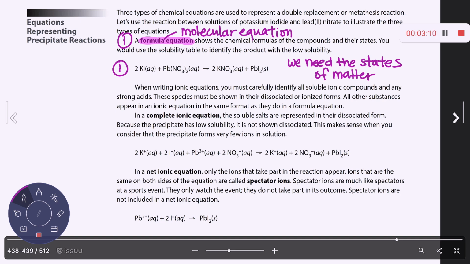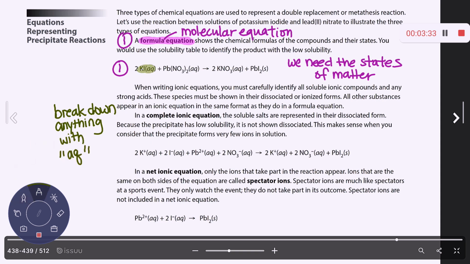Okay, once you have your formula equation, then what you do is you break everything down, and I'll do this in a different color. You're going to break down anything with an AQ. And I'm going to highlight these in green.